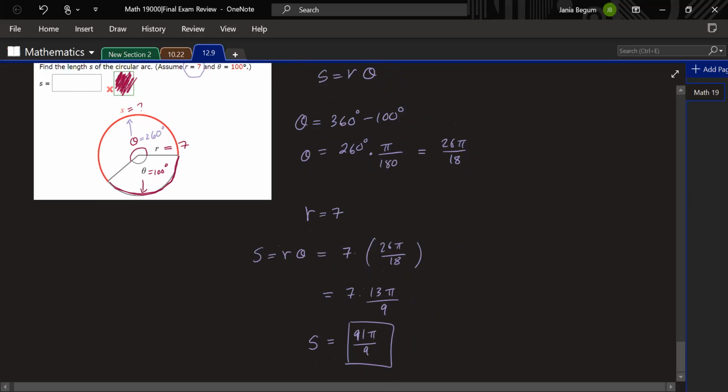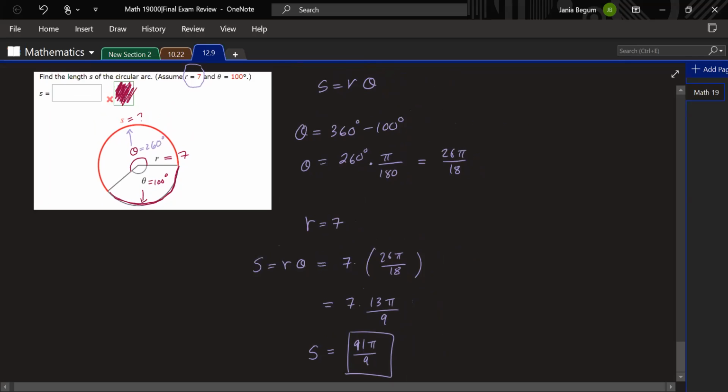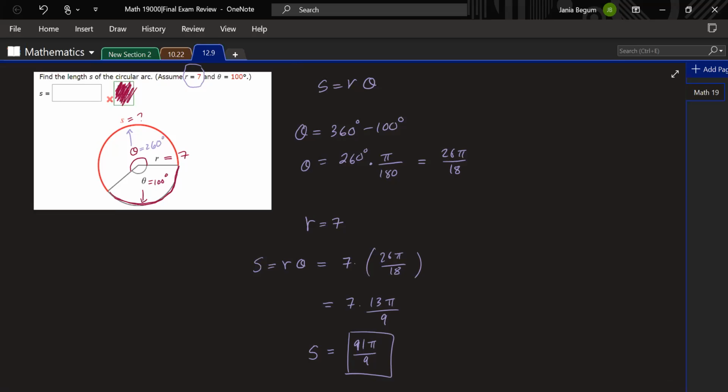All right, are you guys ready for the final? No. Not yet? Okay, we still have a little bit less than a week, about 5 days to go. Hopefully you'll have some more practice to work on.